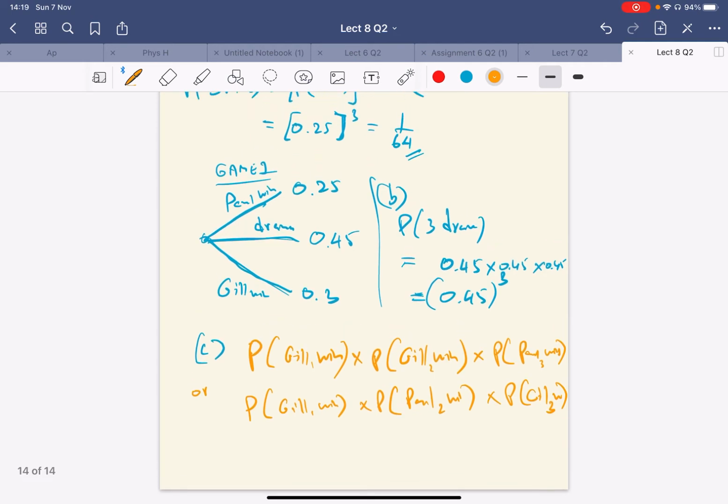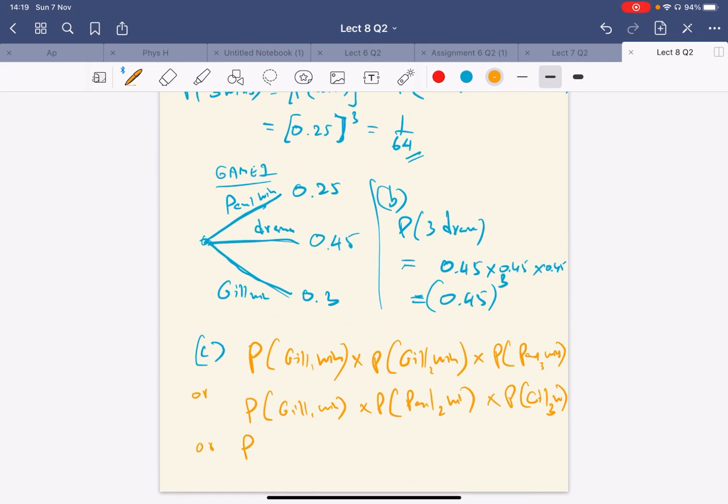So it could be that, or it could be that Paul wins the first game, and then Gil wins the second and the third, right? It could be like this. So there are actually 3 possibilities here. You're seeing the pattern right now.